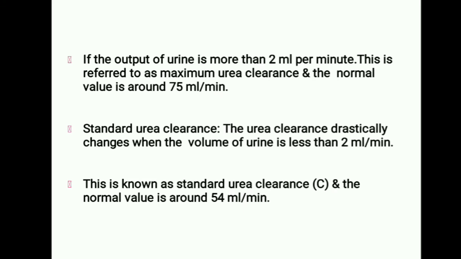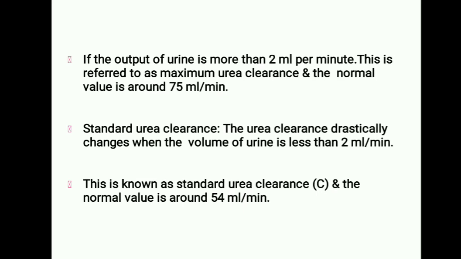If the output of the urine is more than 2 ml per minute, this is referred to as maximum urea clearance, and the normal value is around 75 ml per minute. Standard urea clearance: the urea clearance changes when the volume of the urine is less than 2 ml per minute.